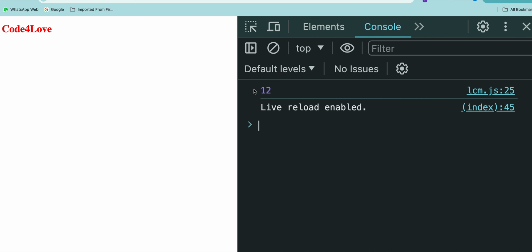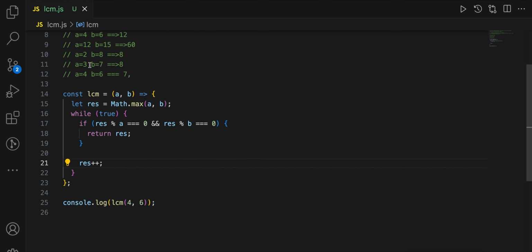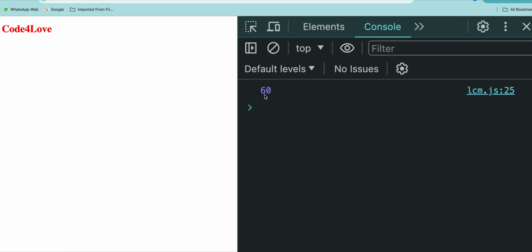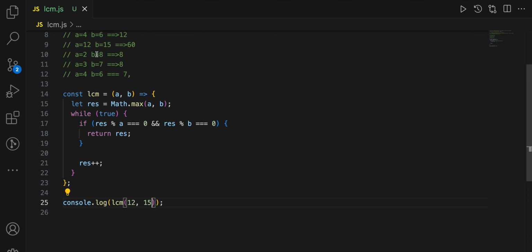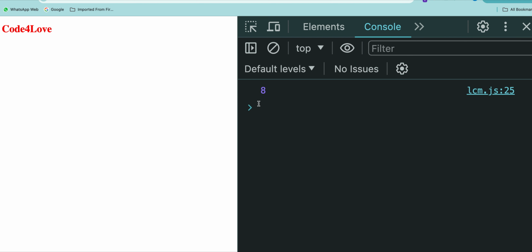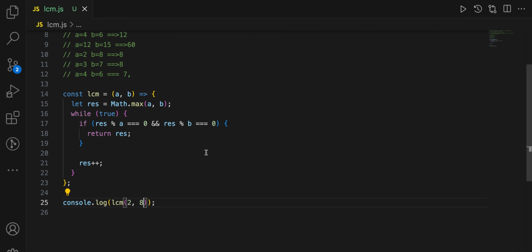See, it is coming 12. If we check for 12 and 15, see, 60 is the output. For 2 and 8 it is simple. If we pass 2 and 8, you got it right. In this way we can write a program for LCM.